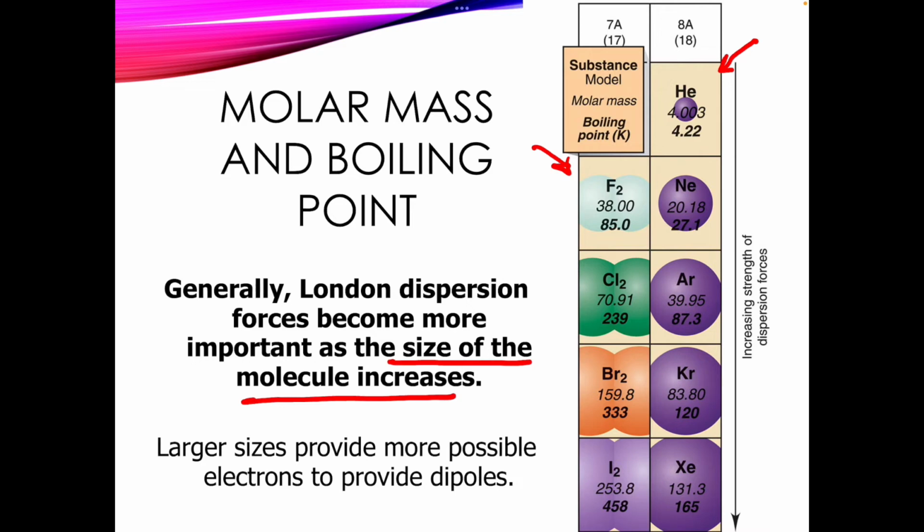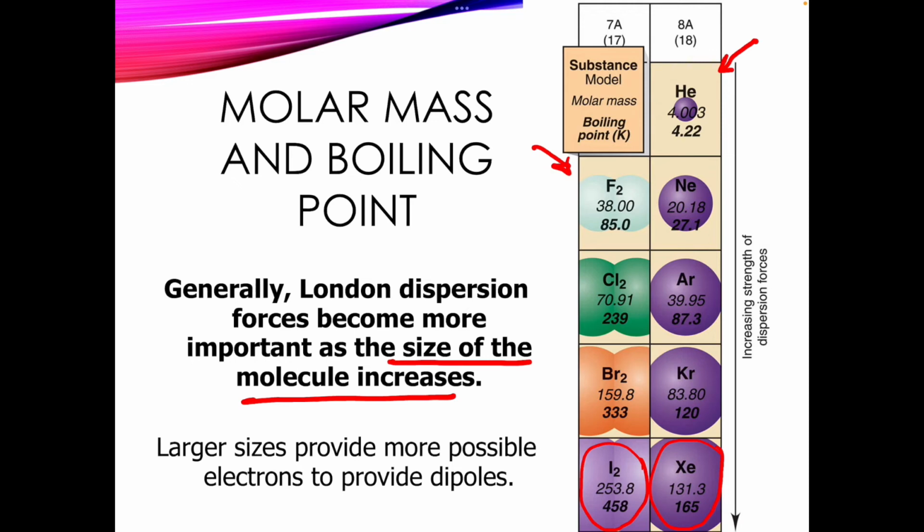So in the noble gases, xenon would have the greatest London dispersion forces, and out of our diatomic halogens, iodine would have the greatest. I know it says the size of the molecule, but you can think about it as relating to the molar mass. The greater the molar mass, the greater the London dispersion forces.